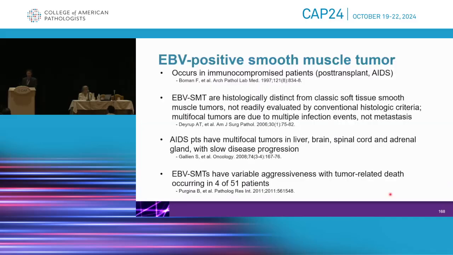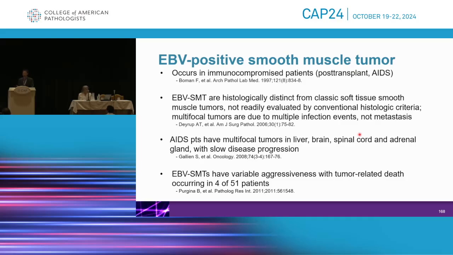So for the EBV positive smooth muscle cell tumor, it occurs in the immunosuppressed status, just like other infections, most commonly seen in organ transplant or HIV patients. I know this tumor's morphology is different from regular smooth muscle tumor, but you keep that in mind. When you see this morphology in an HIV patient, think about this tumor. And sometimes in HIV patients, you may see multiple tumors in the body, in the brain, in the spinal cord, in the adrenal gland, in the lung.